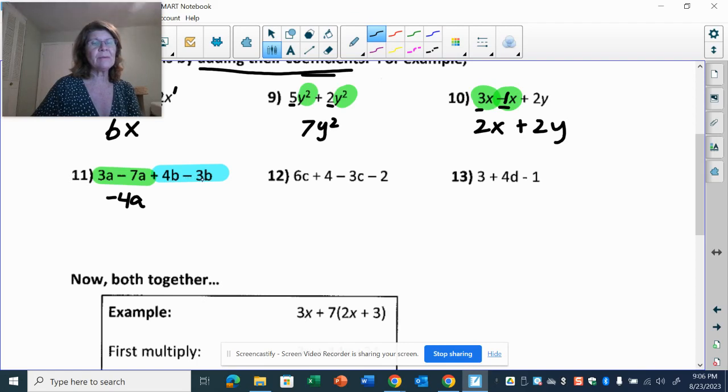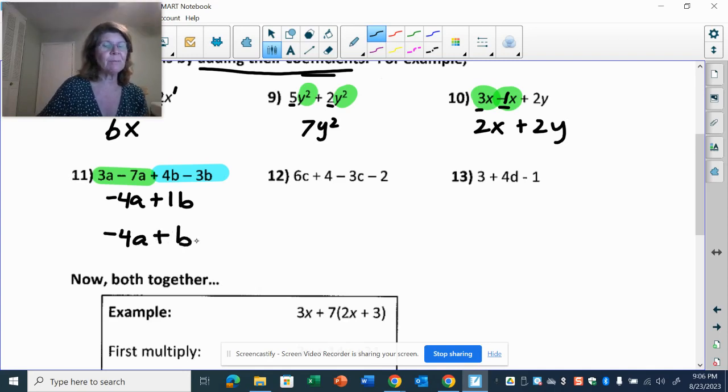So 4 minus 3 is a positive 1. So I'll put plus, and then I could say 1b, or I could just say minus 4a plus b. I don't need to put the 1. You just know if there's no number there, there's a 1 there, because 1 times b is b.